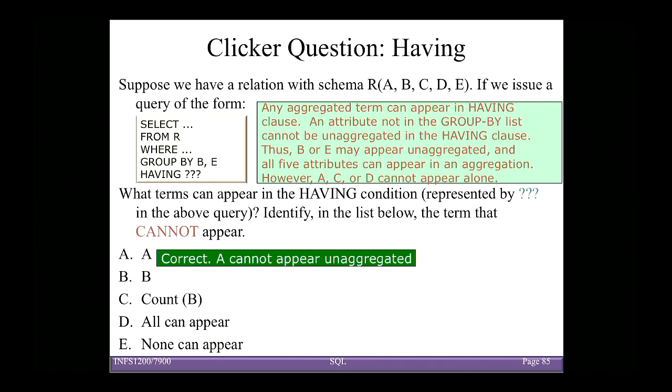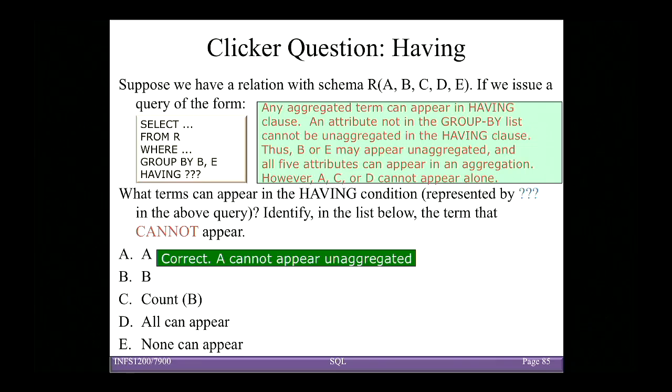Yeah, so the having clause is on conditions on your groups, right? So that part we know. So if the having clause is based on conditions on your groups, you can talk about things within your groups, like attribute B and E, both in terms of without an aggregate function and with an aggregate function.